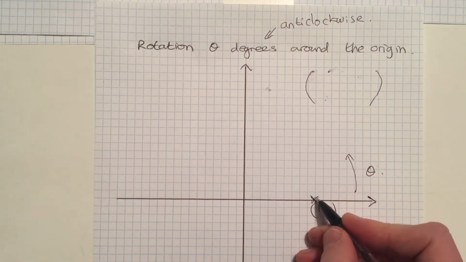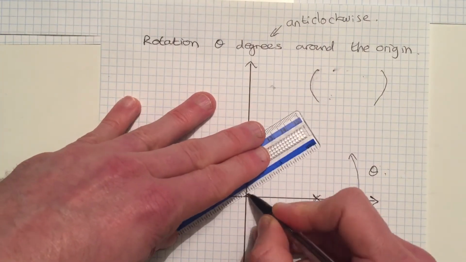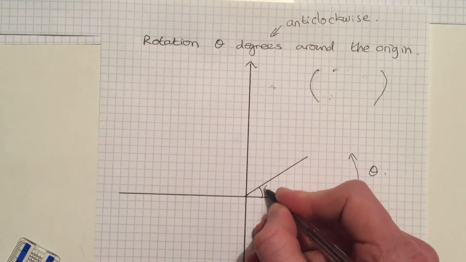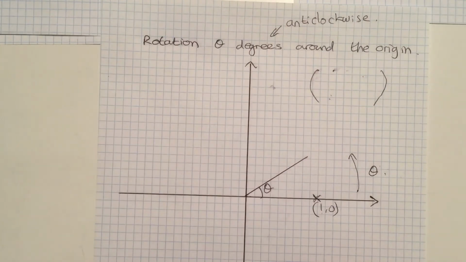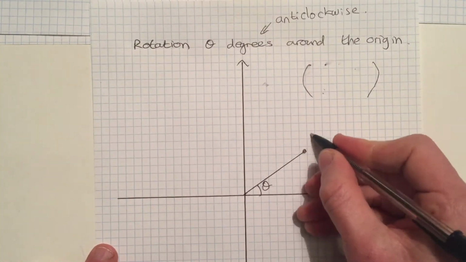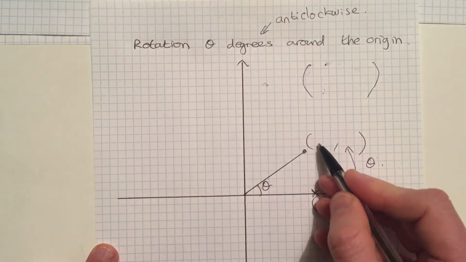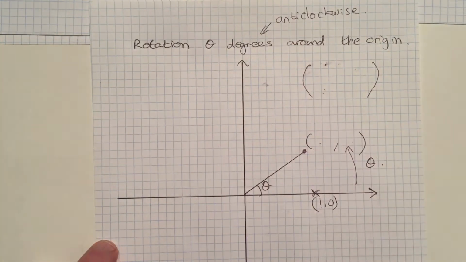So this point here would rotate around and end up somewhere like that, where that angle is theta. It's just been rotated theta degrees around that. What I'm interested in is this new coordinate, because it is going to give me my A and my C, just like before.